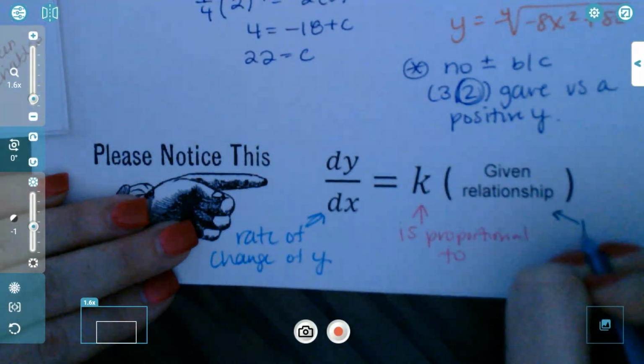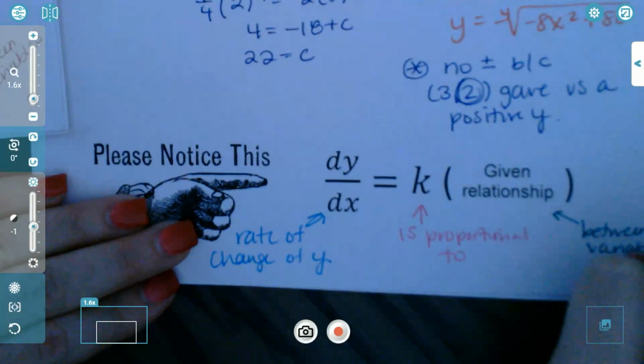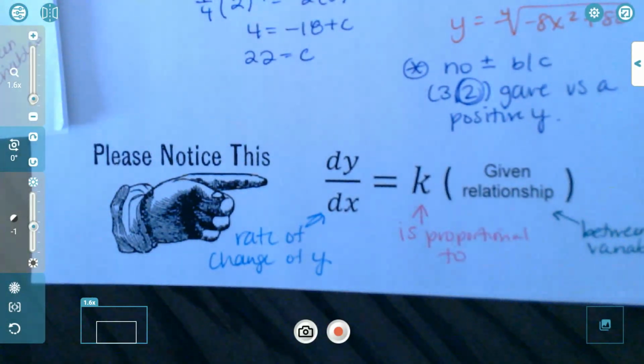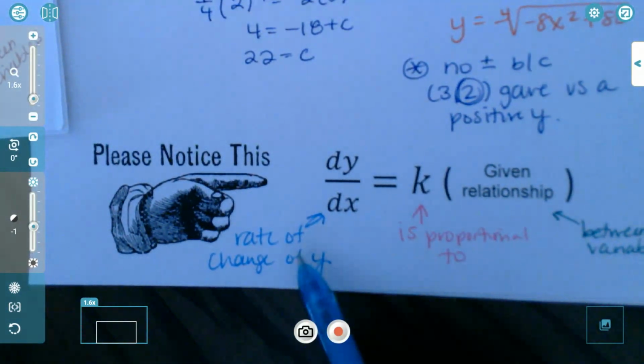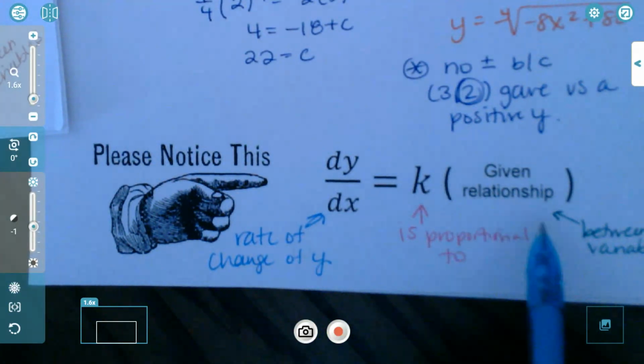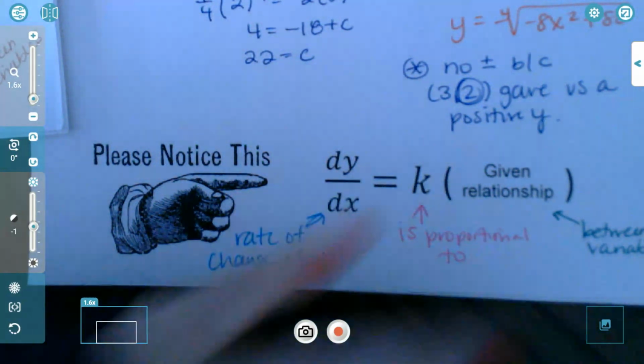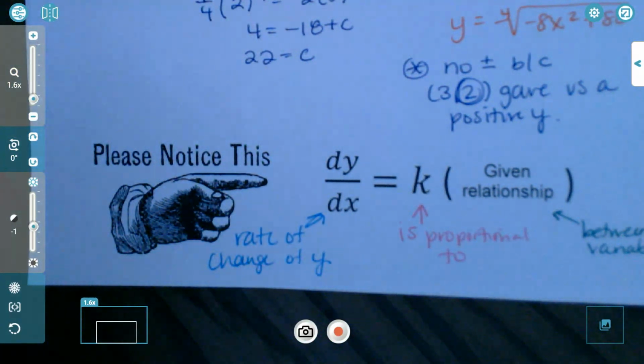And this is the given relationship between variables. So we talked about the k being the proportionality constant. Basically we're saying the rate of change of y is proportional to the given relationship between the variables. And we're going to use this general idea over the next several problems.